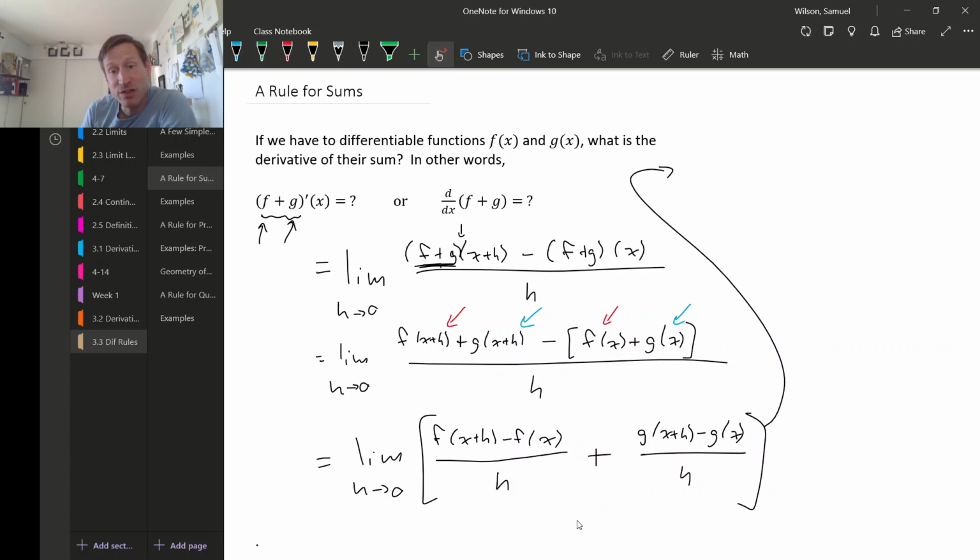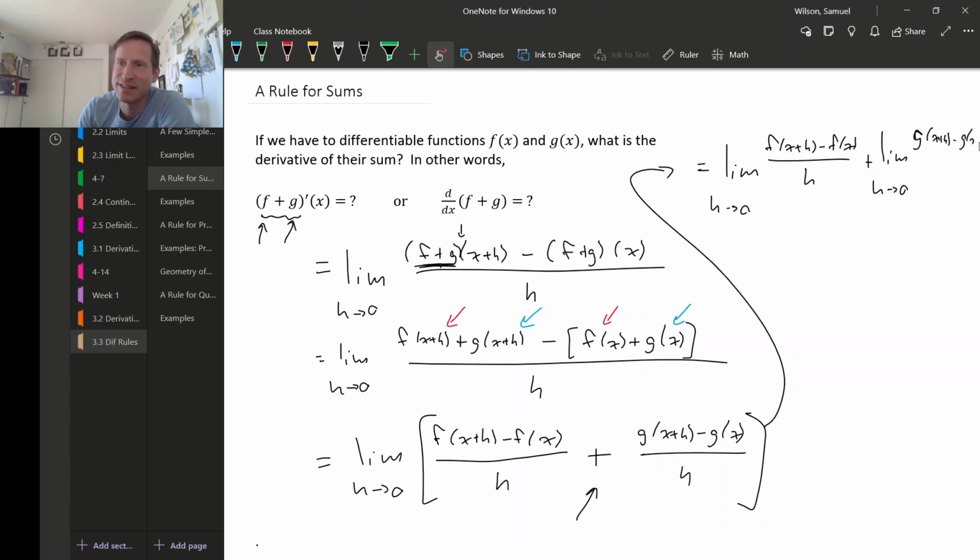But we can use the sum rule for limits, right? As long as the limit of each piece separately exists, it's okay to take the limit of each piece. So limit as h goes to 0 of f of x plus h minus f of x over h plus the limit as h goes to 0 of g of x plus h minus g of x.